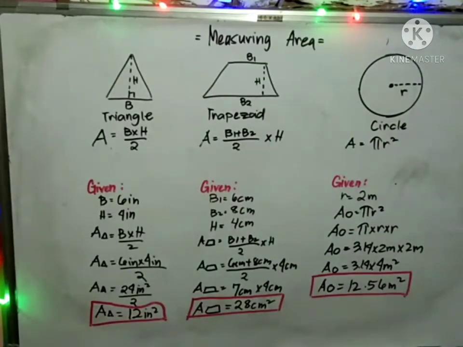I-identify ano yung given and then ano yung plane figure na yon, para alam natin kung anong formula yung gagamitin natin. Kasi mamaya niyan trapezoid yung pinapahanap, ang ginamit natin triangle. Rectangle pala yung tinatanong, ang ginamit nating formula, yung square.